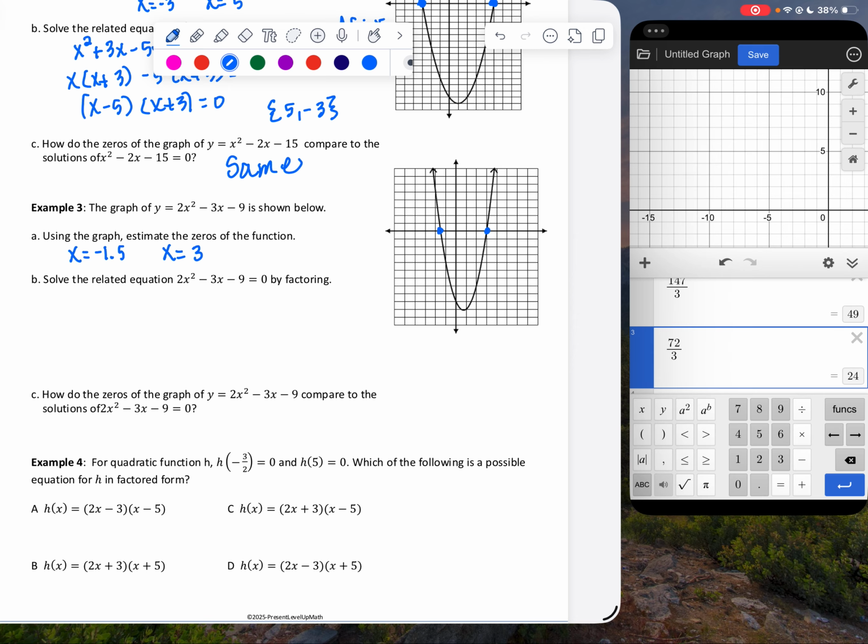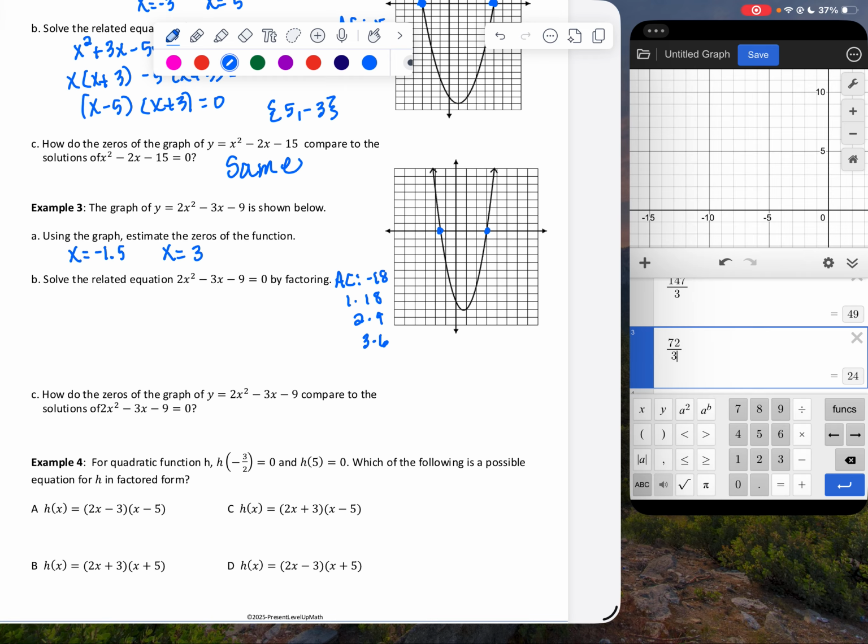All right, problem B. Solve the related equation 2x squared minus 3x minus 9 equals 0 by factoring. So if I want to solve this by factoring, my AC would be 2 times negative 9, which is negative 18. If I list the factor pairs, I get 1 and 18, 2 and 9, 3 and 6. Now I'm trying to split up the middle term, which is negative 3x.